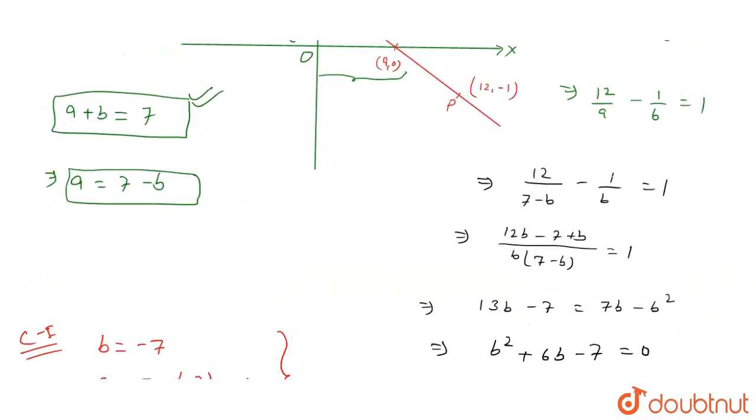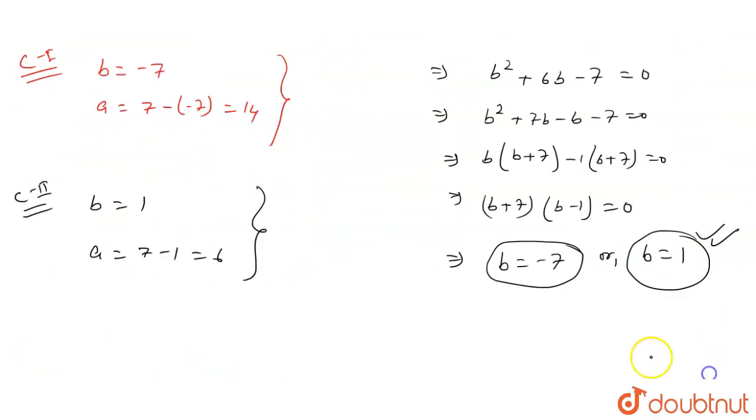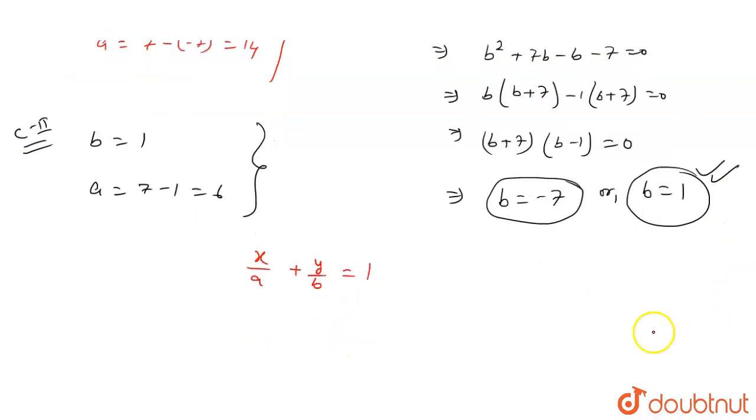So our actual equation, this is our equation, x by a plus y by b is equal to 1, is the equation of the required line, right?